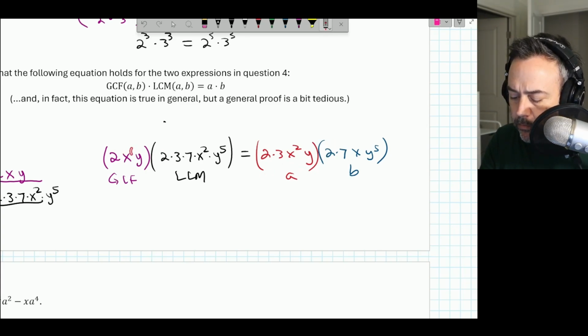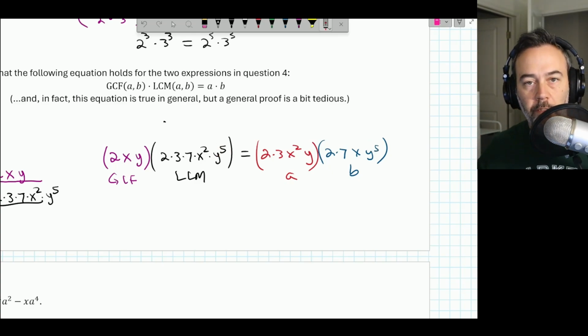What about x? 1, 2, sum 2; 2, 1, same. Factors of 3, there's 1 over here, there's 1 over here. 7, 1 over here, 1 over here. Factors of x, 2, 3, 2, 3. Factors of 5, 5 plus 1 is 6, 5 plus 1 is 6.